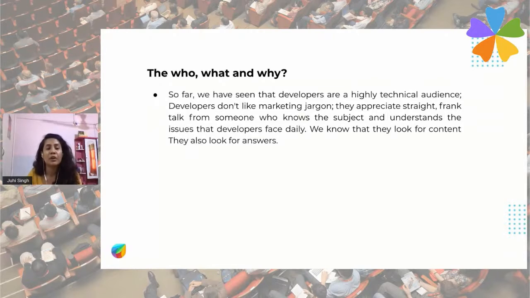They like people who have a basic understanding of the things they are talking about. So we know that they look for content and they also look for answers, because everybody does. Developers look for content as long as it is very related and important to them.